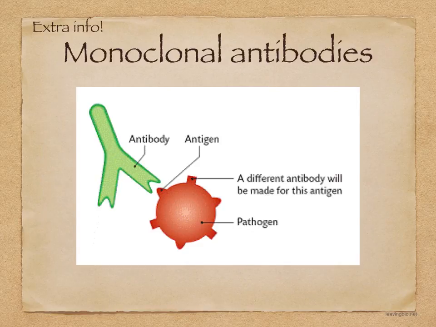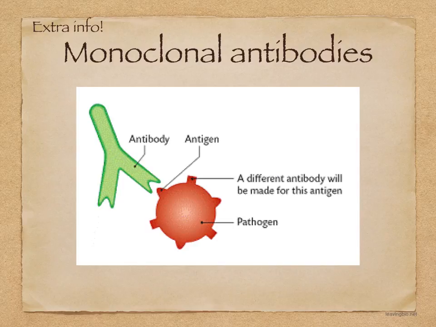Okay, a little bit of extra information on monoclonal antibodies. Now, when a pathogen invades the body, this pathogen has got many different antigens on its surface, and each antigen will induce a different B lymphocyte to multiply and clone itself. So you have a mixture of different antibodies being produced.